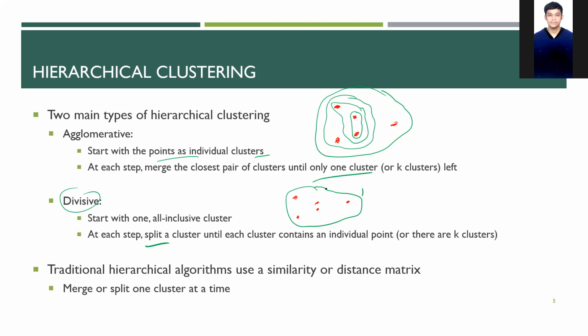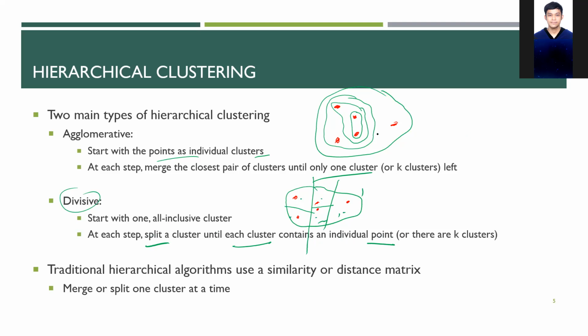So maybe we split like this: cluster 1, cluster 2, and then another split, maybe like this, 1, 2, 3. We split again, maybe like this, and split again. We split all the clusters until each cluster only contains one point, like this, 1, 1, 1, 1, 1.